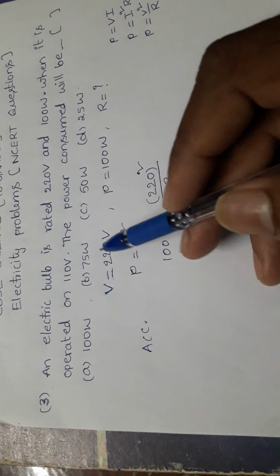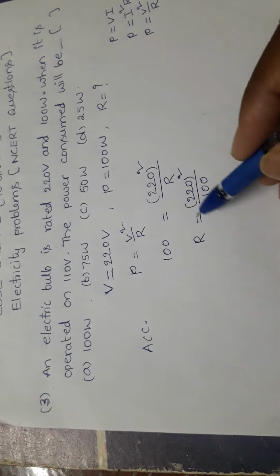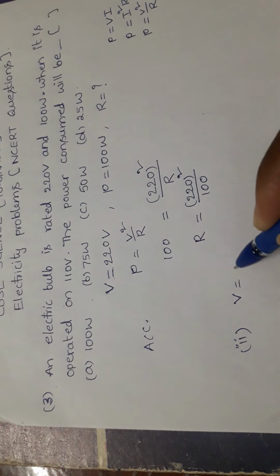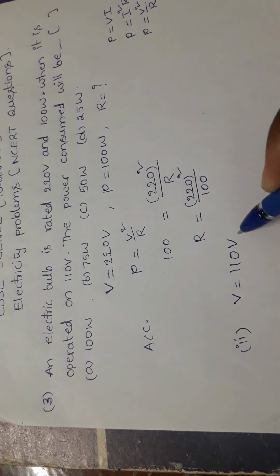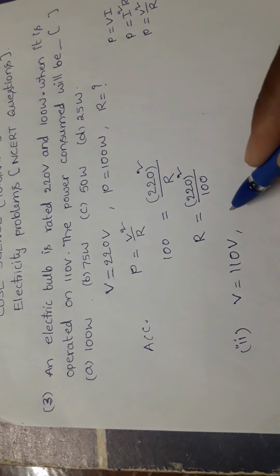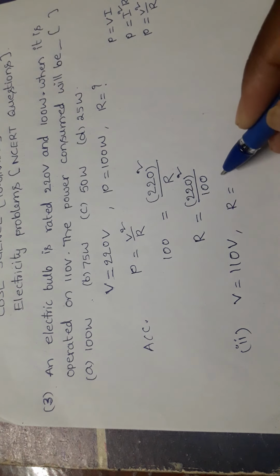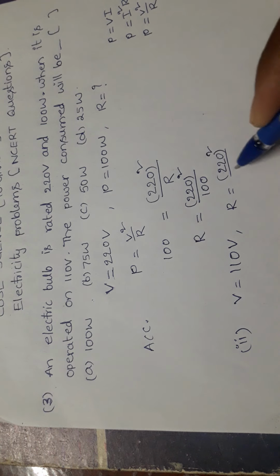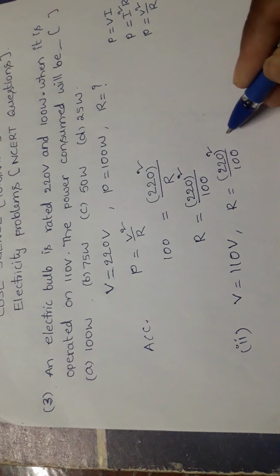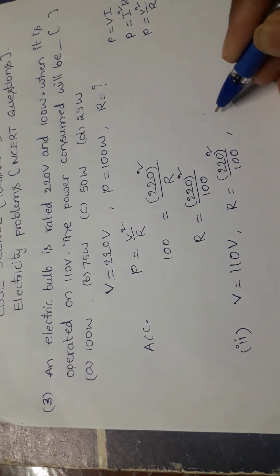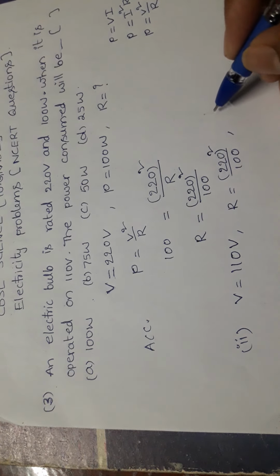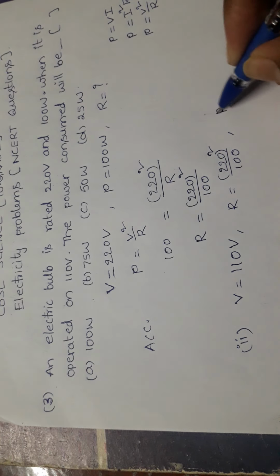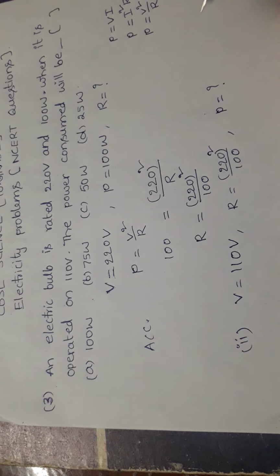So you will write now the second case: V is equal to 110 volts. Here R is already there, that is 220 whole square by 100, and here you will find the power, I mean P is equal to what.